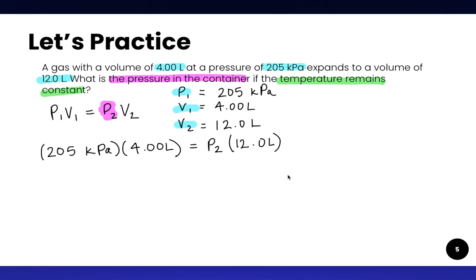I'm going to divide both sides of my equation by 12 liters, which will cancel everything except for our unknown out on the right, and will cancel out our volume unit. Now this is the point where I'm going to plug it into my calculator and find out our final pressure.